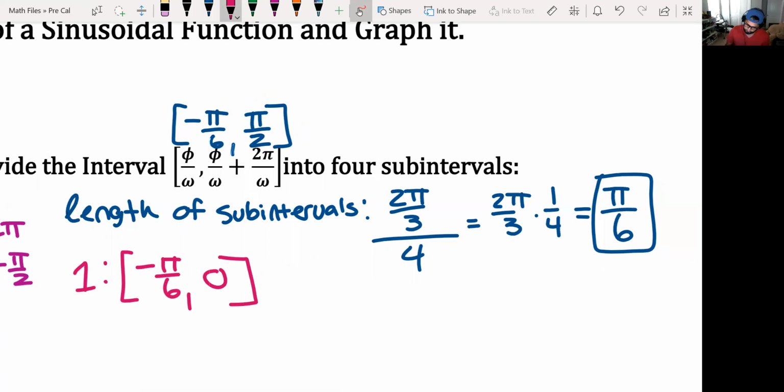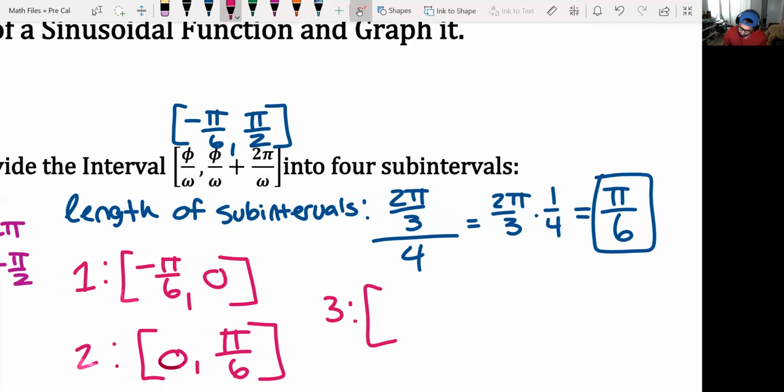Interval 2. We start at 0 and add a sublength of pi over 6, and you'll end at pi over 6. Hey, these are working out easy. Interval 3. We start at pi over 6. You add another pi over 6. That gives you 2 pi over 6, or pi over 3.